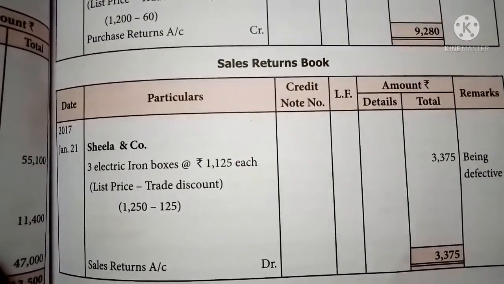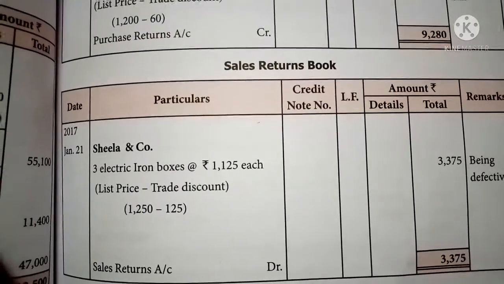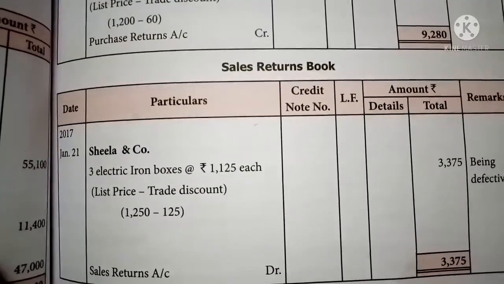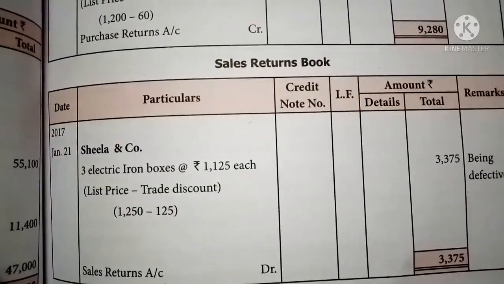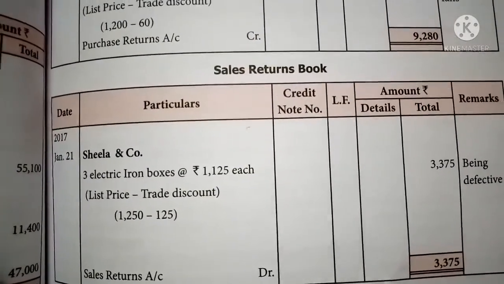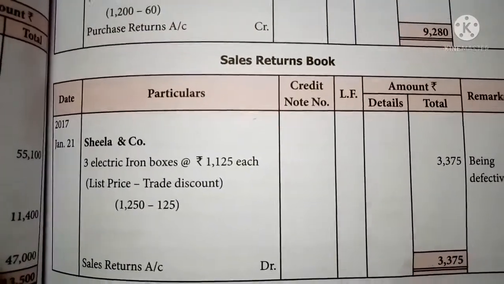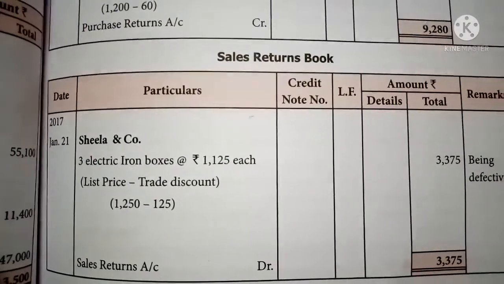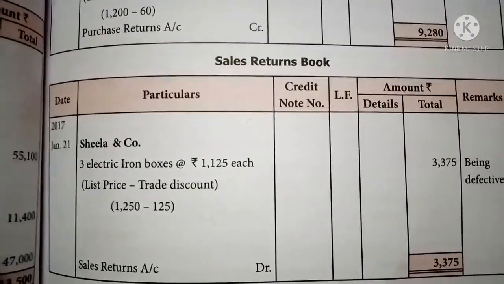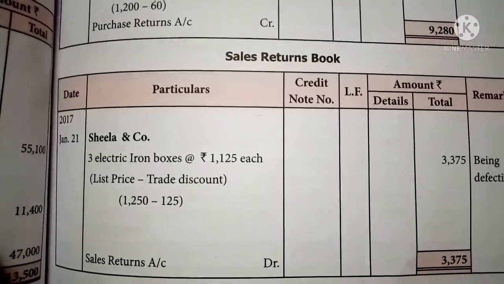By subtracting this, the net value of one electric iron box is 1,125 return value, and multiplied by 3 iron boxes, the amount is 3,375. And write the remarks in the remarks column. Only one transaction is there in the sales returns book, so the total is 3,375. That is sales returns account, debit.